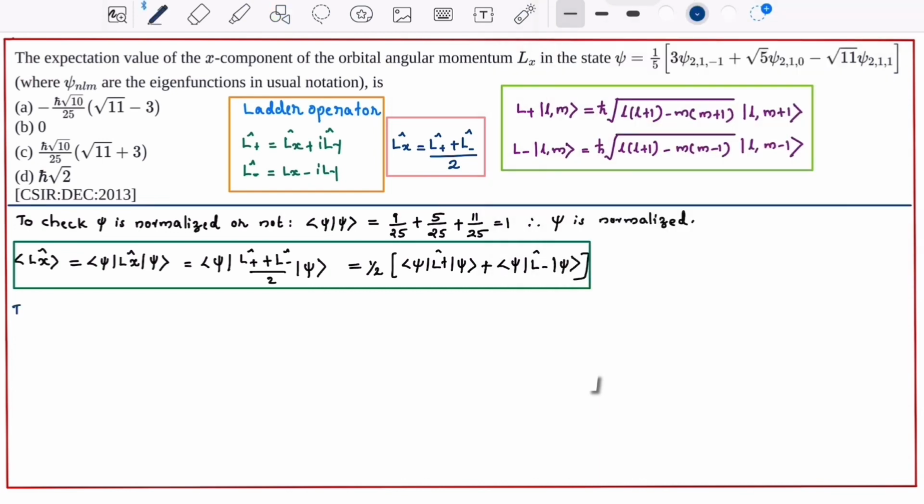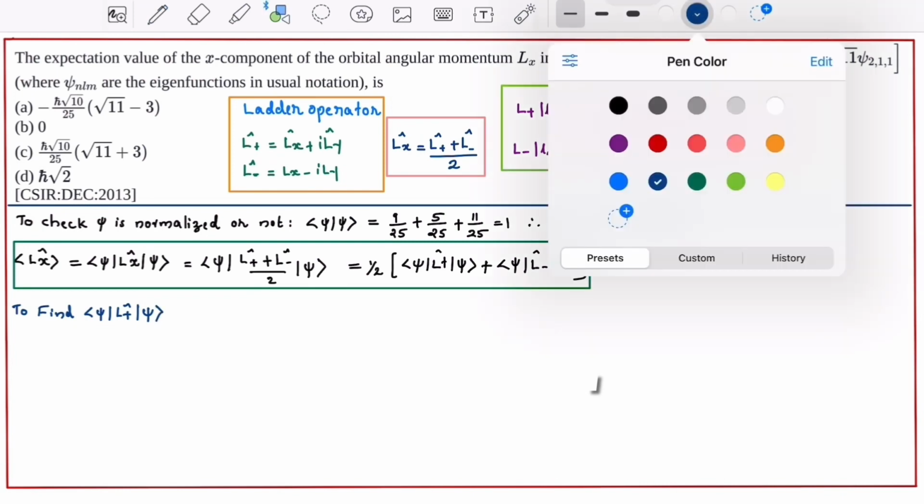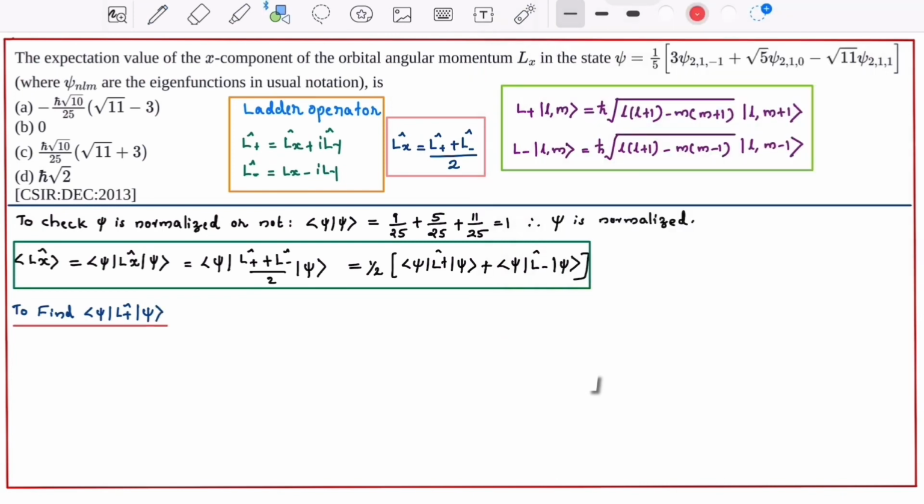Let us find out what is psi L plus psi. To find out this, first let us evaluate what is L plus psi. What happens when L plus operates on the given state psi?